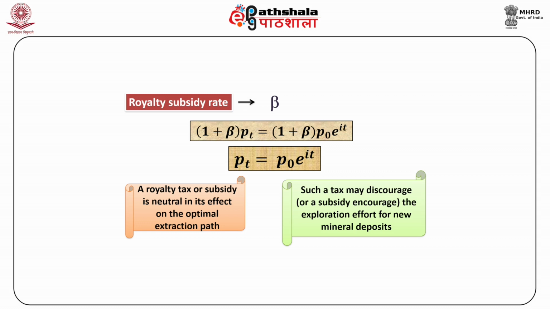Thus, we may conclude that a royalty tax or subsidy is neutral in its effect on the optimal extraction path. However, such a tax may discourage, or a subsidy encourage, the exploration effort for new mineral deposits.